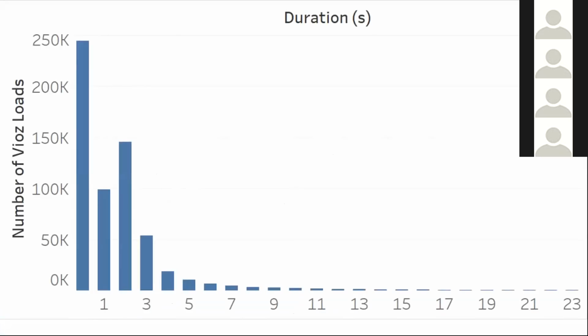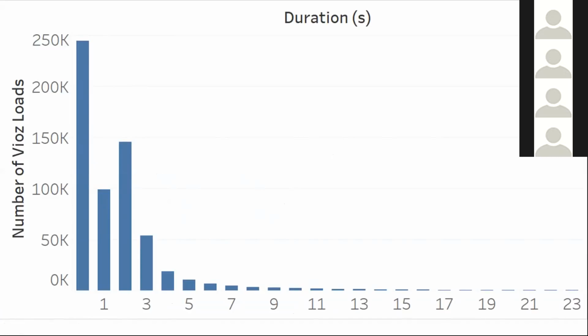So here is a histogram of that fast viz, and this is real data from our server. Most viz loads happen between 0 and 1 second. And so we have seconds, how long it takes to render, across the bottom axis, and then the number of requests that fall into that bucket.